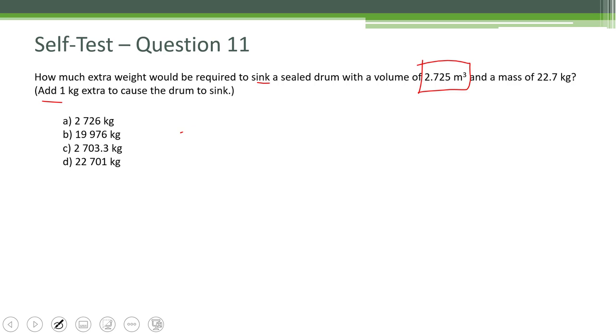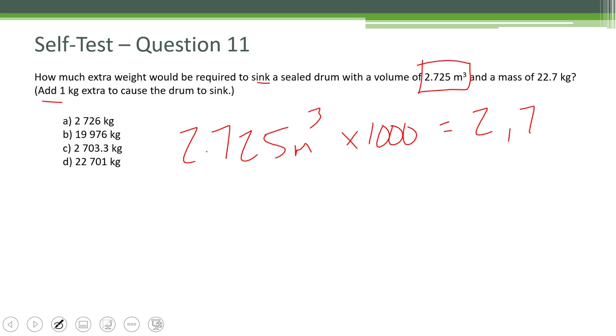It has a volume of 2.725 cubic meters, and we multiply that by 1,000, because the density of water is 1,000. So the buoyant force would be 2,725 kg, and it only weighs 22.7.